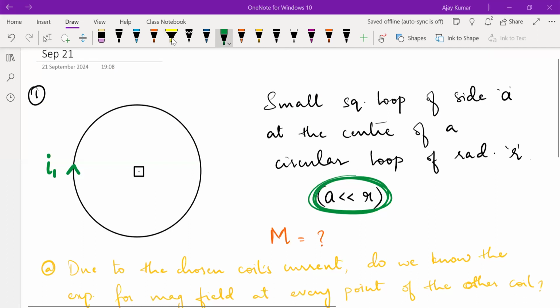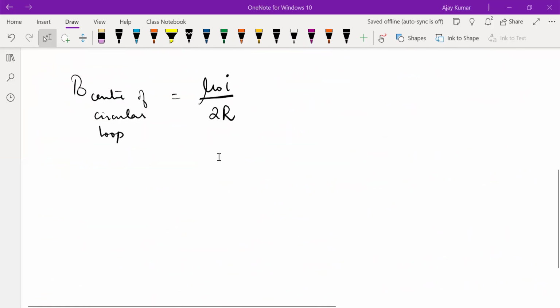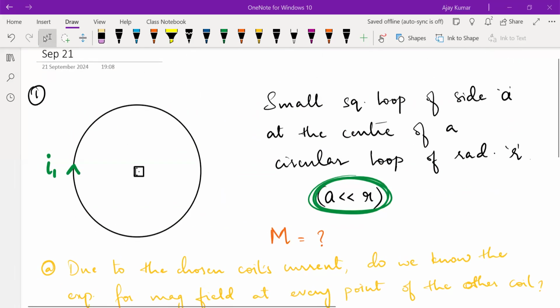Did you all understand what I just said? So let me explain once more. Due to a circular loop, we know the expression for magnetic field at its center. That is mu naught I by 2r. Okay. But at points away from the center, I'll expand this square just to explain.